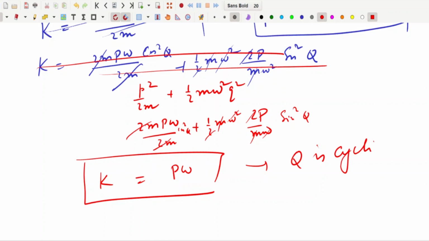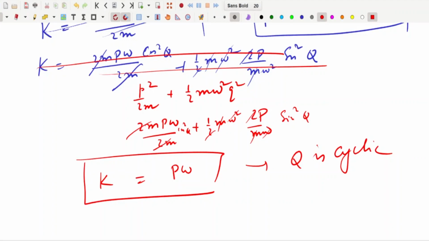So this is the motivation I told you in the beginning, that by means of some transformation you can make some coordinate cyclic, then the algebra to solve the problem will drastically change, because for a cyclic coordinate you do not have to do the dynamics. So at this point, what is the conclusion?